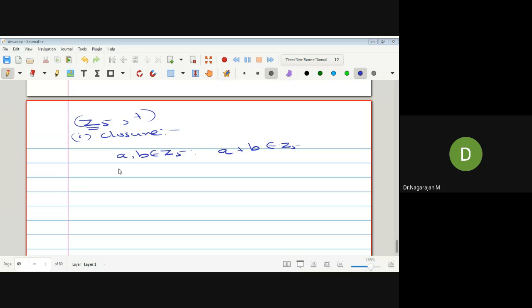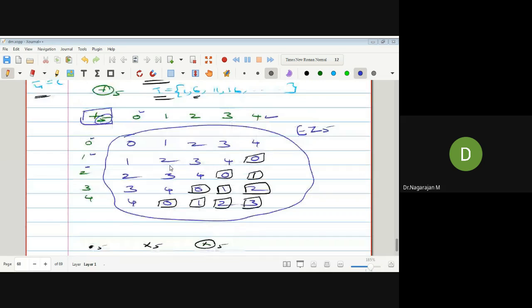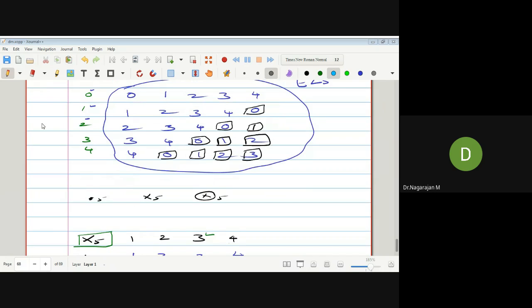When using the above tables, this one is table 1 and this one is table 2. From the above table 1 concept, the closure property is true.